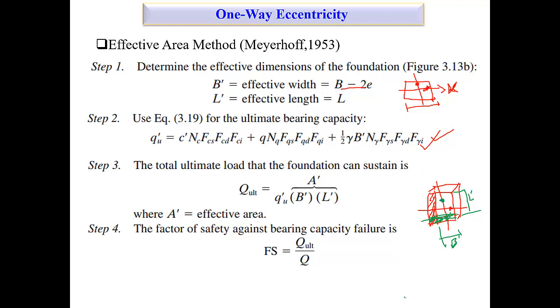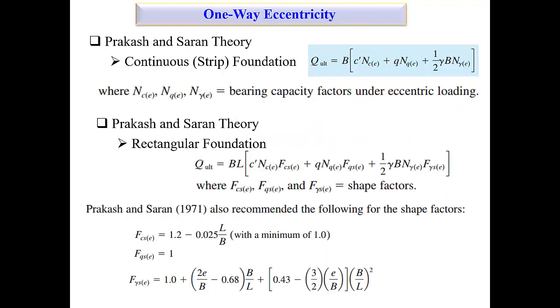Okay, so these are the common equations. Then you use the Prakash and Saran theory to find out in a similar way. Just use the formula. Okay, so bearing capacity factors under eccentric loading, this is for the one way, and Prakash and Saran also developed for rectangular foundations, which is this one.